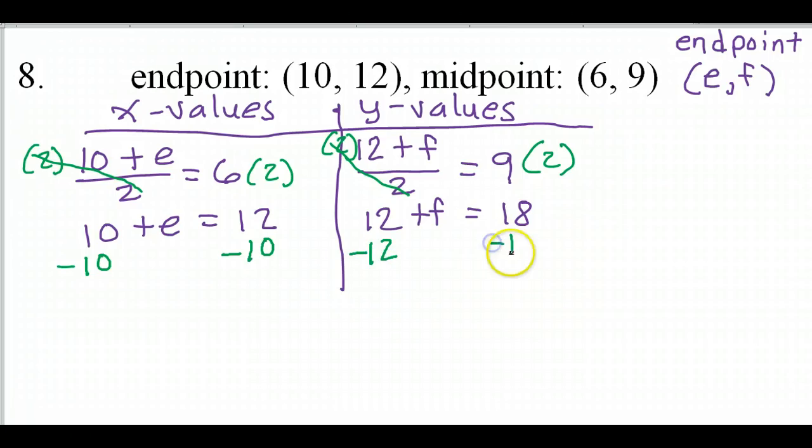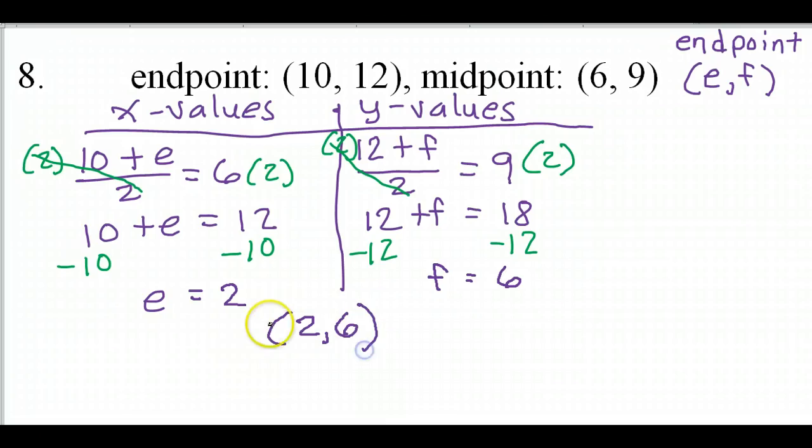Got to get f by itself, so subtract 12 from both sides. That will leave me with e is equal to 2, and f is equal to 6. Since (e, f) is my missing endpoint, the missing endpoint must be (2, 6). So there is my missing endpoint.